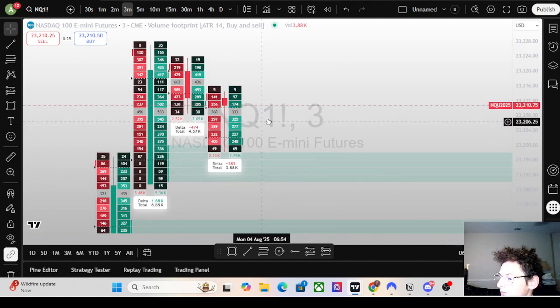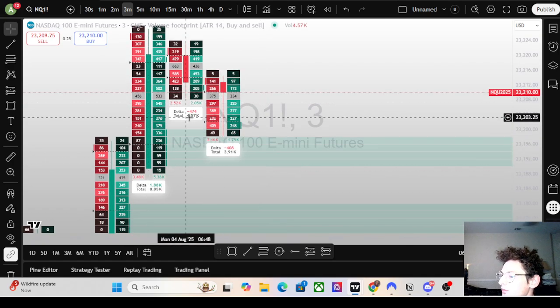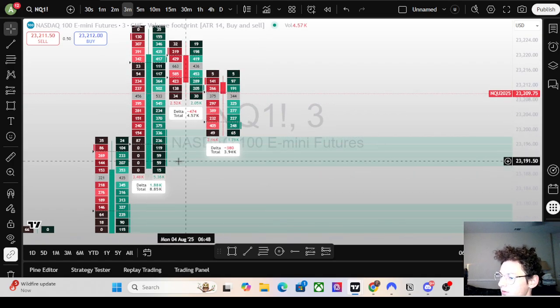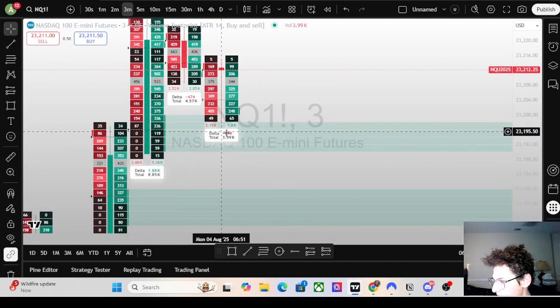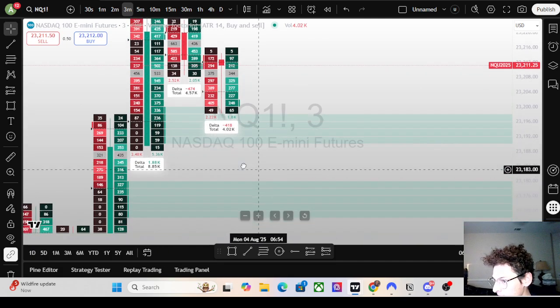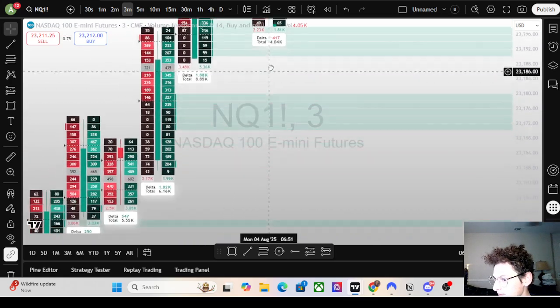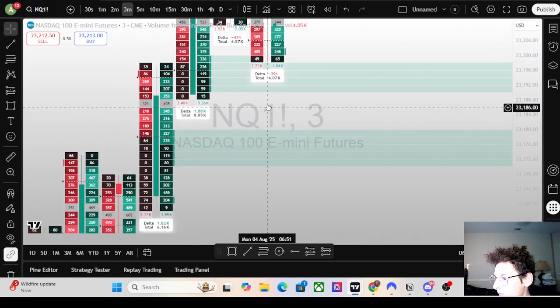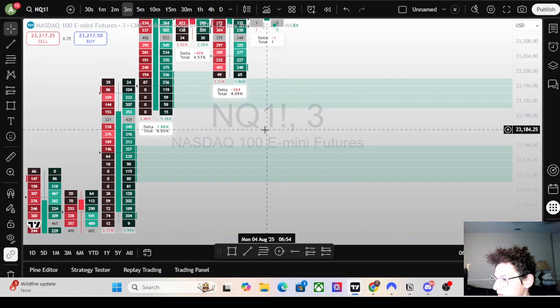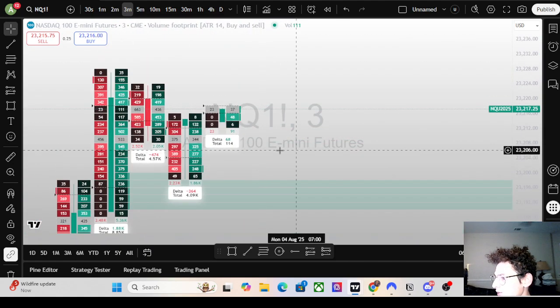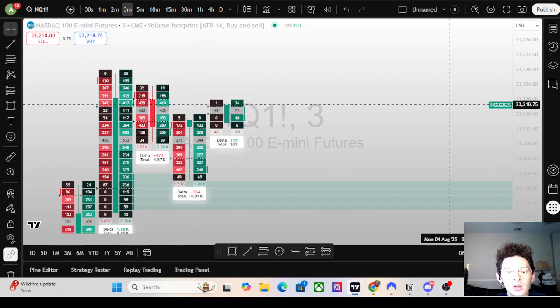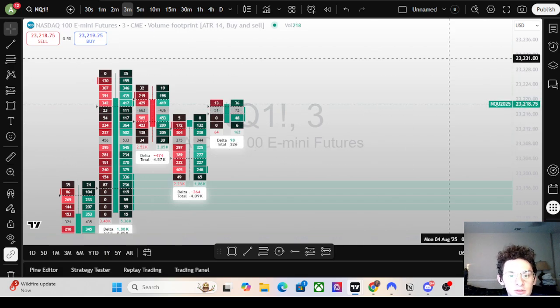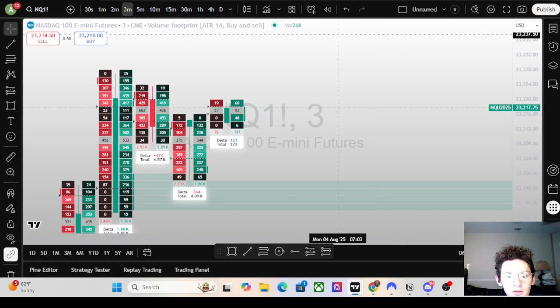So these are stacked. Just to clarify, these are stacked imbalances. Price did react to one of them. Let's see how this goes.